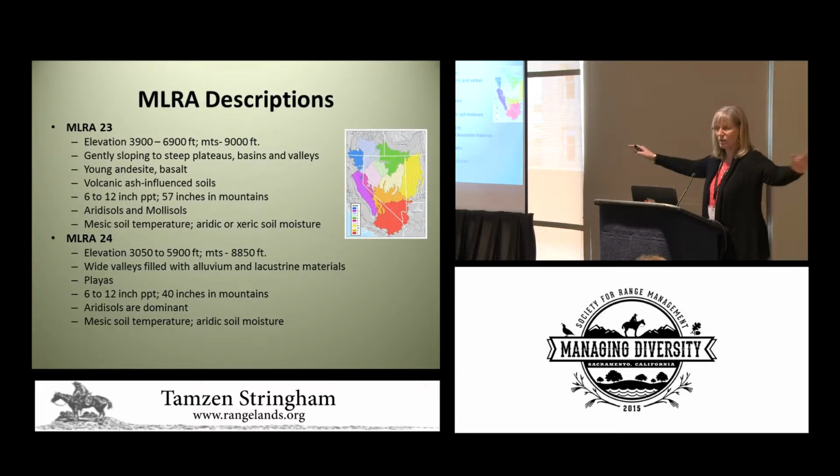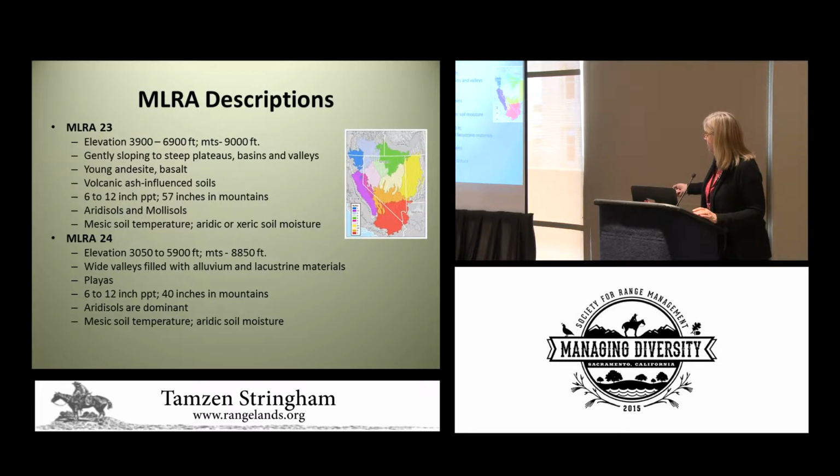That's just going to come into my head. This area was under the influence of ancient lakes. You have to know something about soils to pull that out of your head, but that's what's going to come to mind. Playas, oh yeah, okay, it was lakes then, okay? 6 to 12 inch precip, 40 inches in the mountains, so that's not as wet up in the mountains as 23.